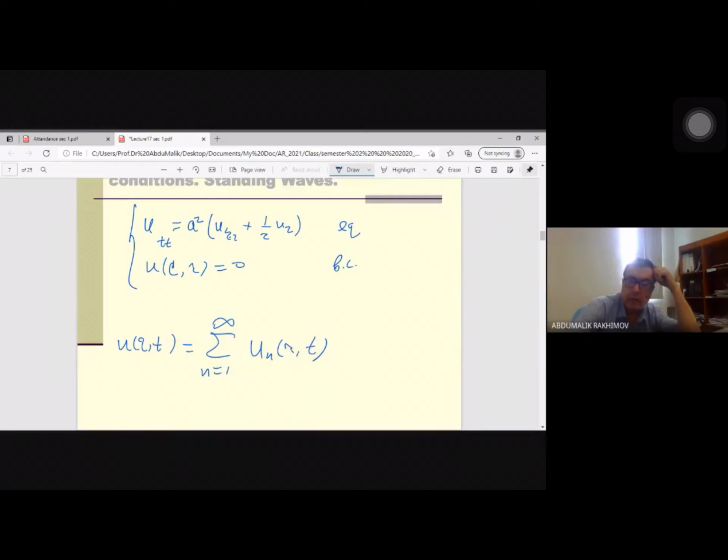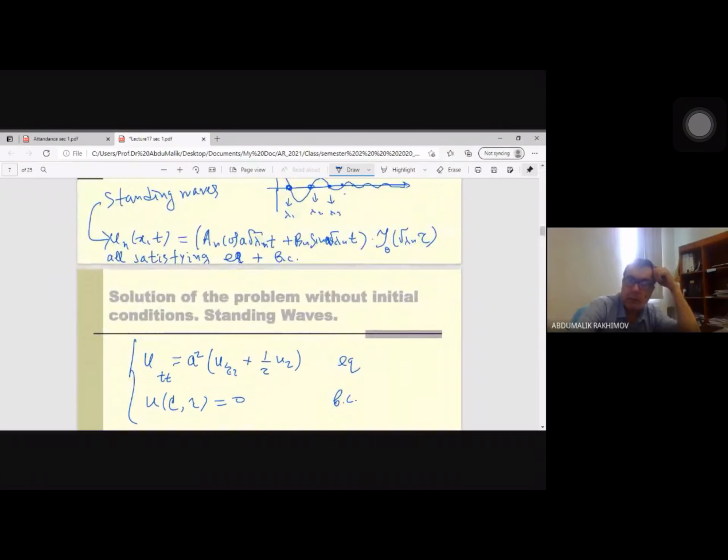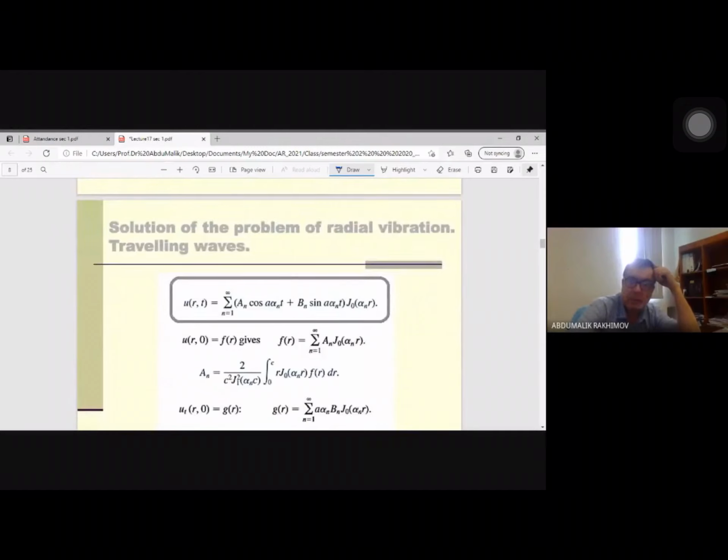If you substitute u_n as above, then you will get this. This is a combination of all standing waves, and we will call it traveling waves. Now we need to find the A and B coefficients.